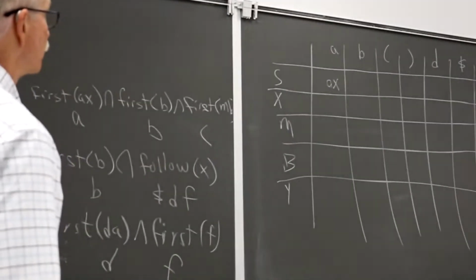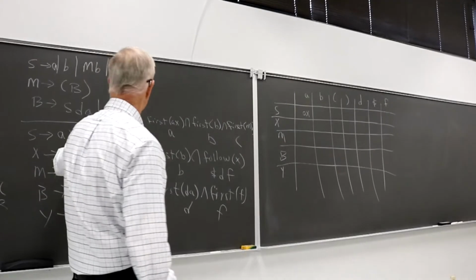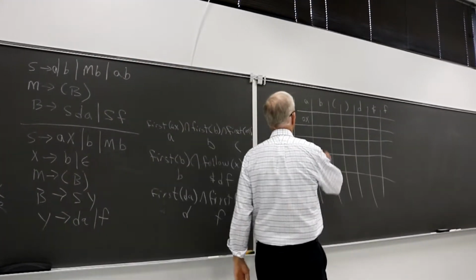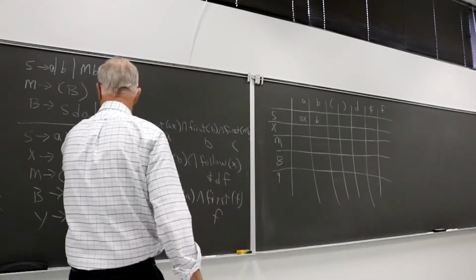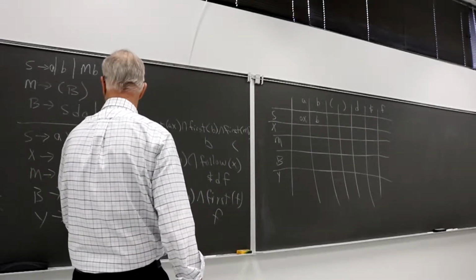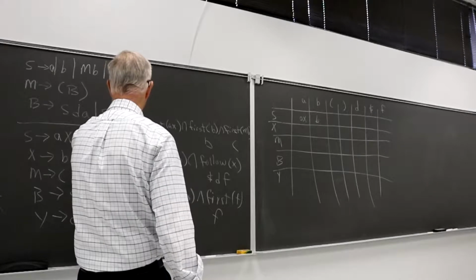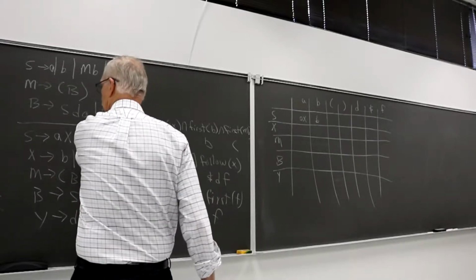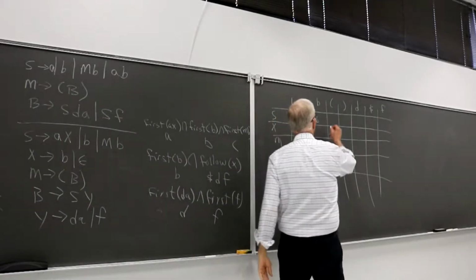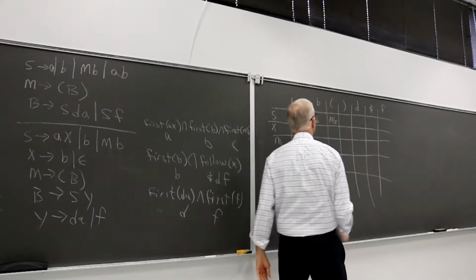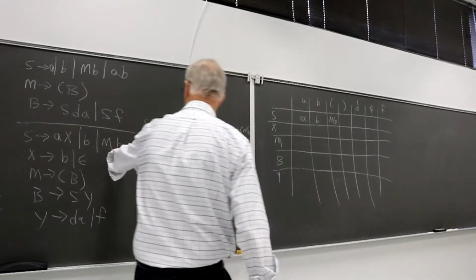S goes to B on the first of B. So I write a B in here. S goes to MB on the first of M, left paren. So I write an MB.